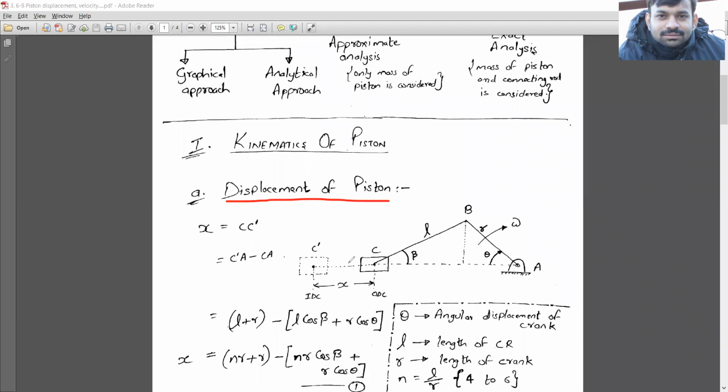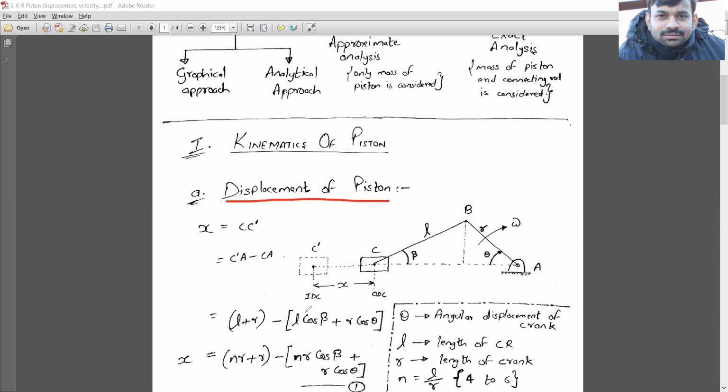Initially, the piston was at top dead center. You already know top dead center and bottom dead center in an IC engine. Top dead center is the topmost position of the piston from which it cannot move further, and bottom dead center is the bottommost position of the piston. As the piston reciprocates, it has two dead centers.